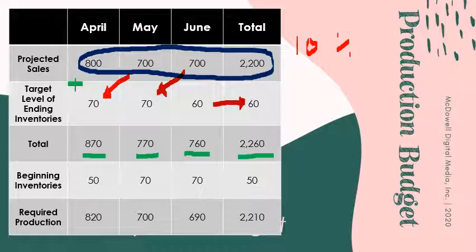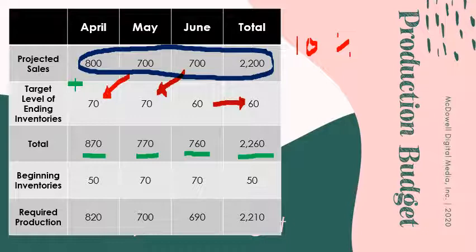Okay. And next, we have here the beginning inventories. So, when we say beginning inventories, ito yung mga ending inventory nung nakaraang buwan. Okay, so let's say your beginning inventory here is 50. Meaning, this 50 is the ending inventory in the previous month. So, etong 50 na to, ito yung natira nung March.